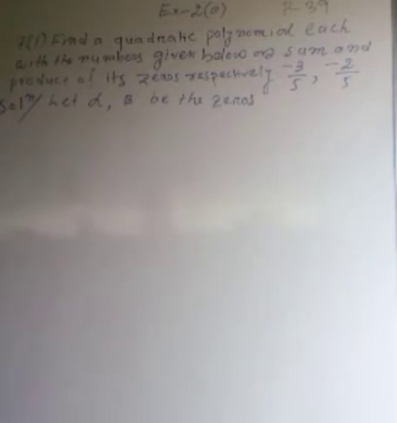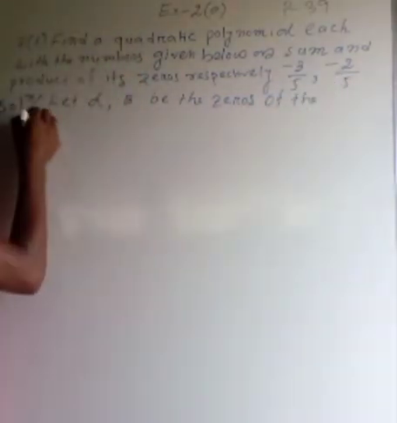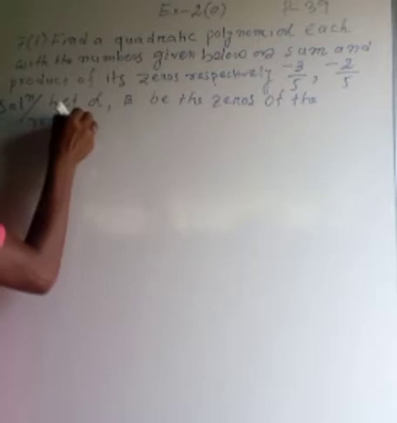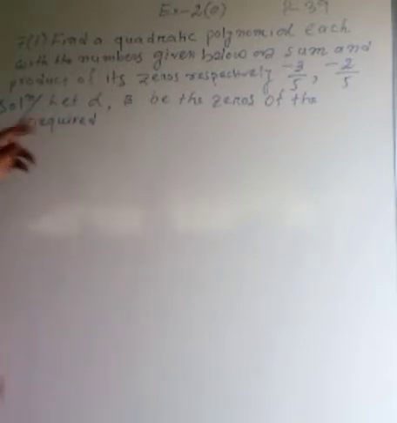These zeros are coming from where? These zeros are coming from the polynomial only. So alpha, beta be the zeros of the required polynomial.